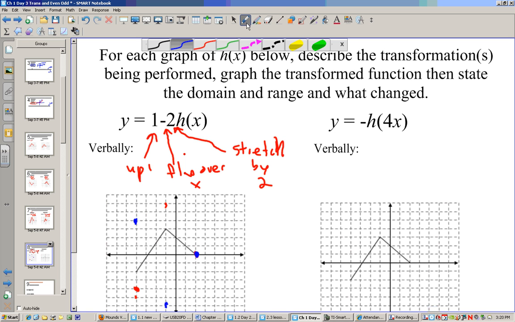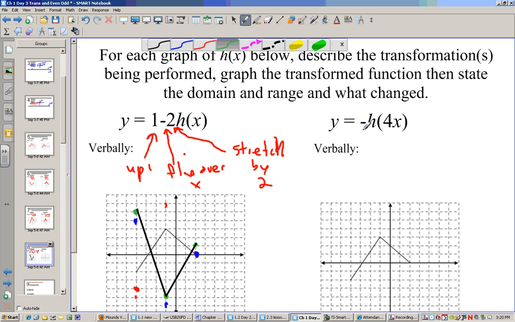And now my green dot, I'll move each of these up 1. So my red dots were just stretching by a factor of 2. Then my blue dots are what happens if I flip it over the x. And then finally I move it up 1. So now I'll connect my green dots and have my new function.